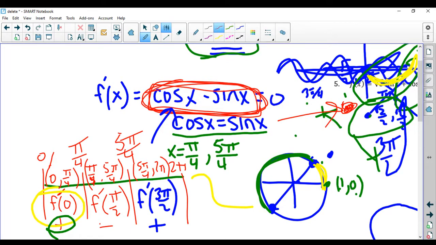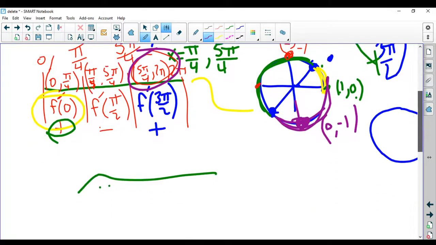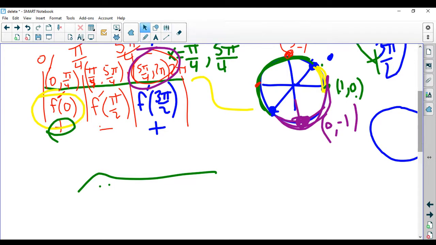I decided to use pi over 2, which is at 0 comma 1, where cosine is 0 and sine is 1. You could have used pi, which is just as easy, and you would have gotten the same results. For this last interval, 5 pi over 4 to 2 pi, I decided to use 3 pi over 2, or 0 comma negative 1, because it was easy. I just wanted to make it a little clearer how you could do that easily with the unit circle.